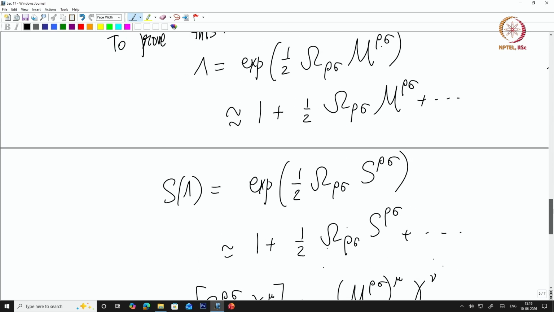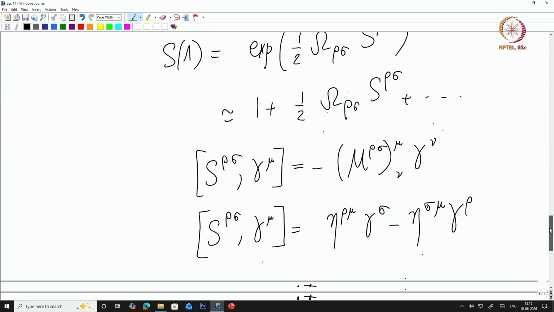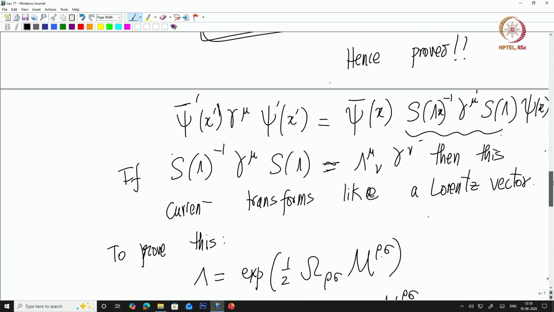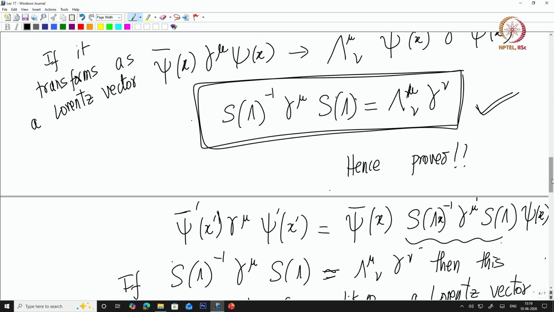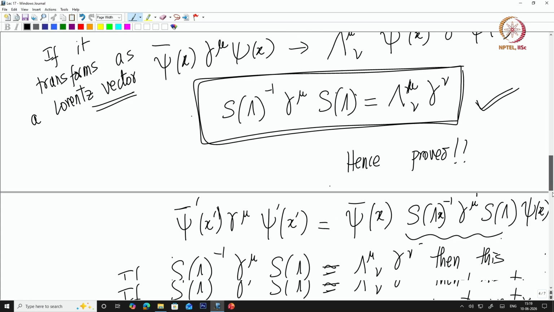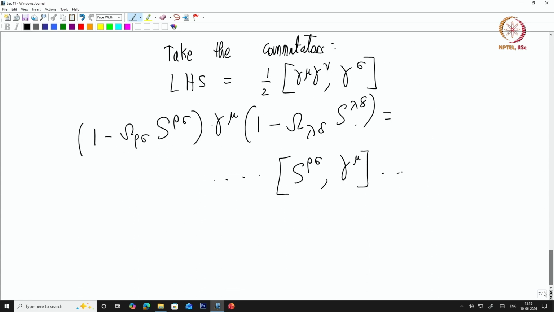These conditions are hence proved because the moment you put in the gamma matrices and everything. So, this will give you this relation to be true, and from there you can show that the vector transforms like an actual Lorentz vector. The vector current made up of 2 Dirac particles, okay.